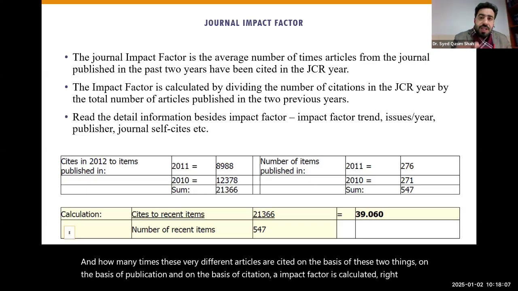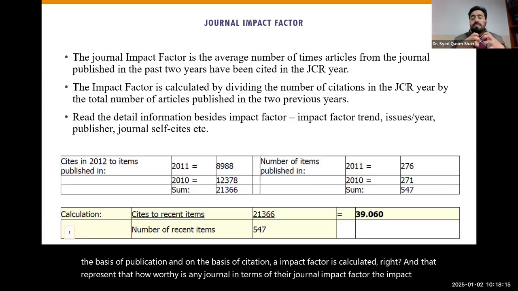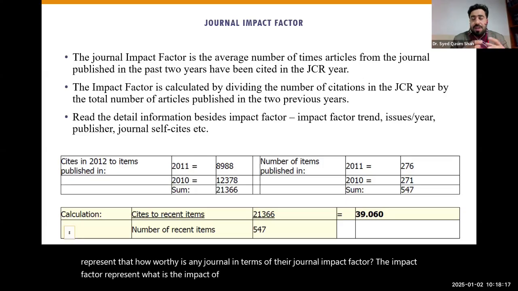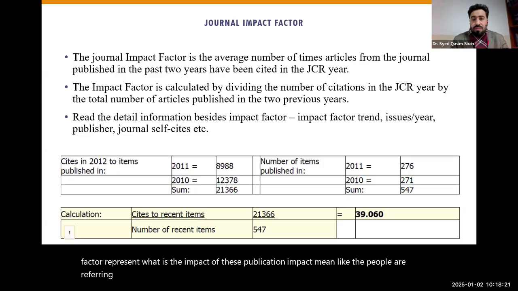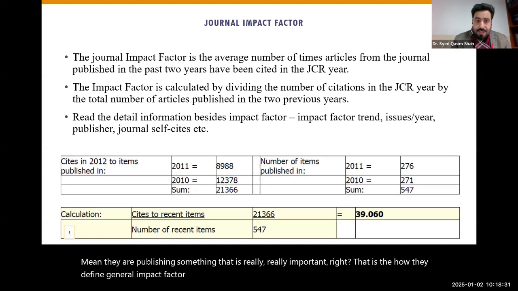And that represents how worthy a journal is. The impact factor represents the impact of these publications. Impact means people are referring to them, citing them, following them. So it means they are publishing something really important. That is how they define journal impact factor via JCR.